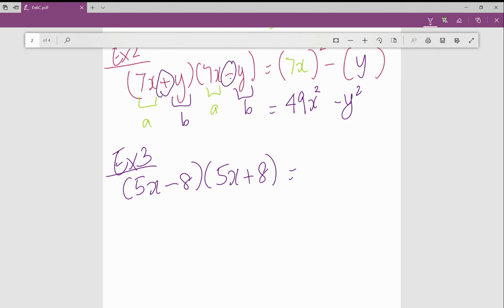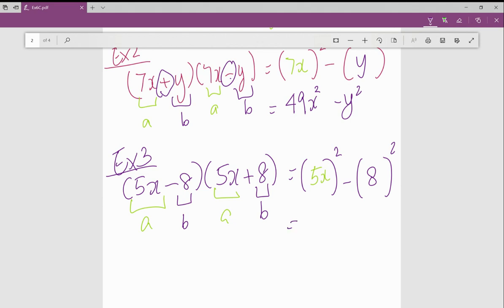You can always turn it around, but the solution is still the same: a squared minus b squared. So in this case, what is a? a is 5x, so I'll put 5x, and b is 8. So the answer is 25x squared minus 64.